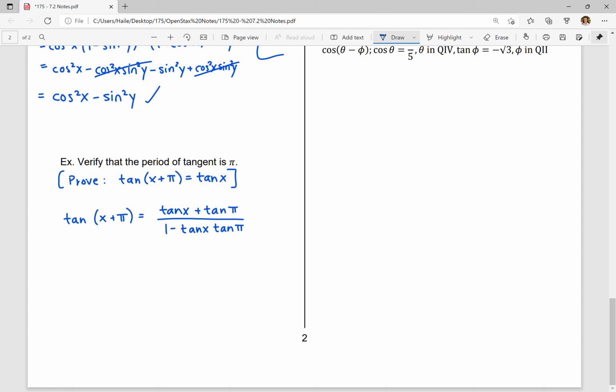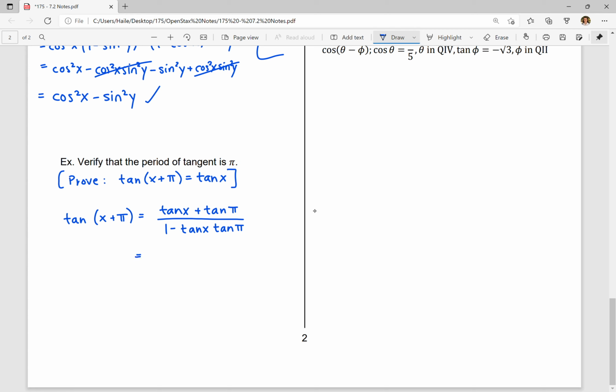Okay, now the tangent of pi, remember the sine of pi is -1, and, sorry, I have that backwards. So if we're thinking sine over cosine for the tangent of pi, the sine of pi is equal to 0, and the cosine is -1. So tangent of pi is just going to simplify to 0.